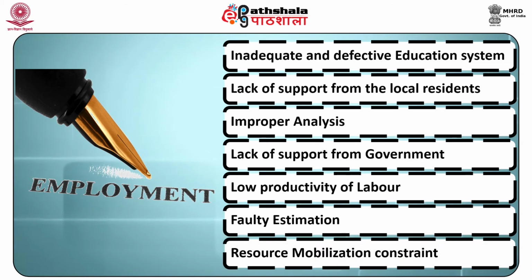Generally, employment programs also fail due to resource constraints, which results in poor quality of the processes and outputs from the projects. This may be due to improper movement or non-availability of resources on time for the different project activities.